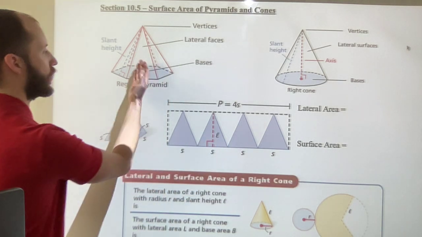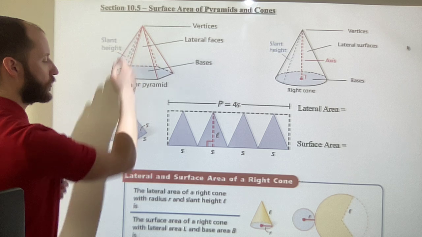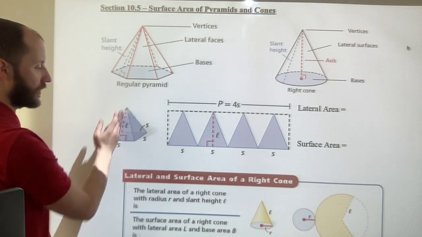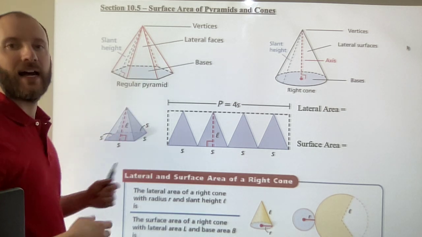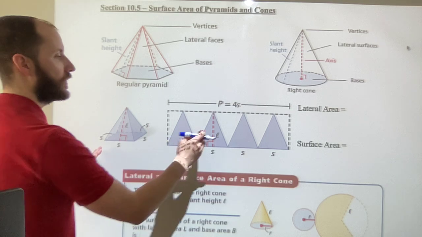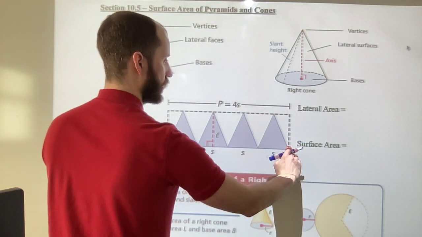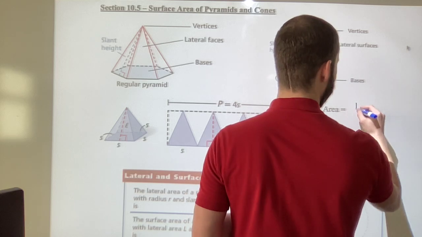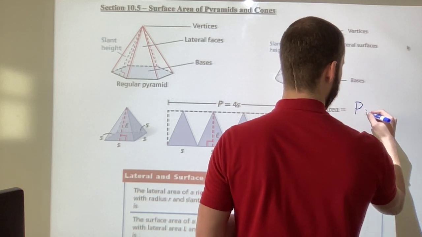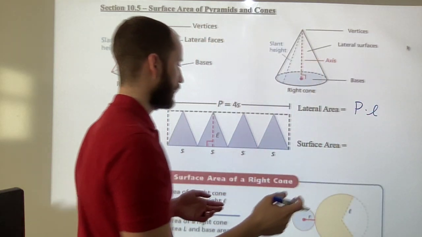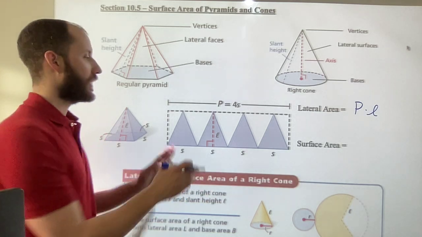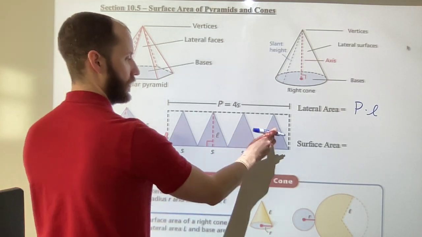Instead of going straight up through the shape, we're going up this lateral or slant height. So this slant height and the perimeter would get us our lateral area, but we only have triangles now.